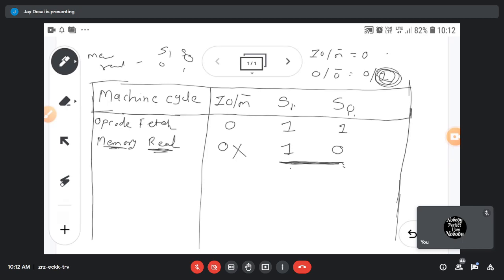It is predefined and fixed. The processor sets it itself according to the operation, and if you want to set it manually you can, but whatever you set, you have to perform the operation accordingly. Clear? Yes, sir. Okay. So next is memory write.